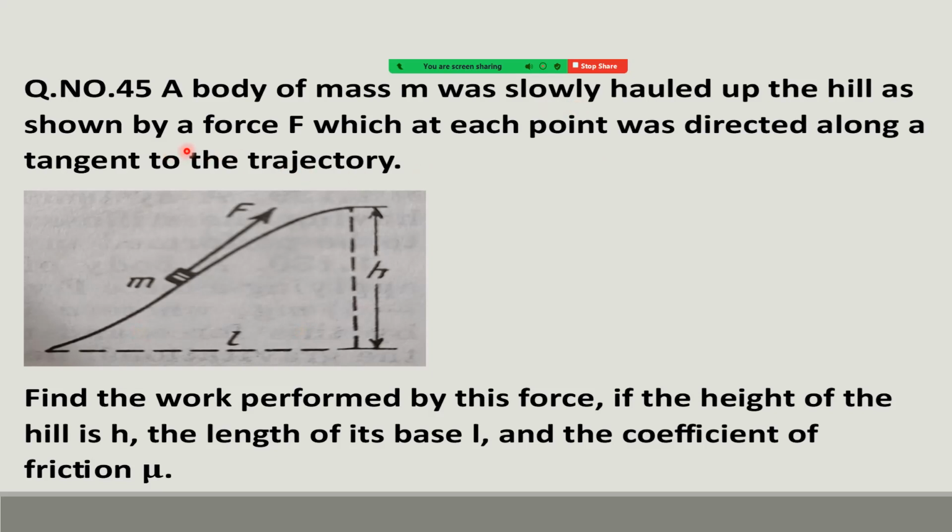Next, by a force F, which at each point was directed along a tangent to the trajectory. This is also very important. It is along the tangent. That means the normal component, or you can say normal reaction, is always equal to mg cos theta. So one more key point here is tangent to the trajectory.